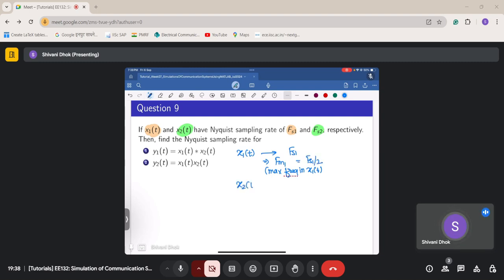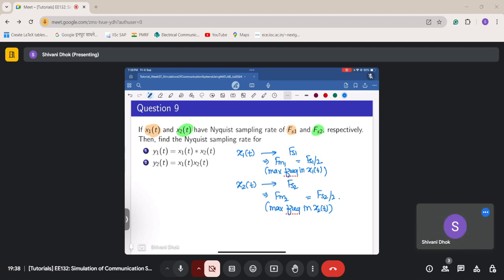Similarly, x2(t) has Nyquist sampling rate fs2, which means that fm2, the maximum frequency in x2(t), is equal to fs2 by 2. So this is given to us. The Nyquist sampling theorem is anyway for a band limited signal, and therefore this is what we have here.